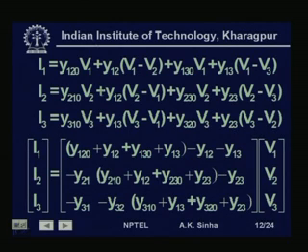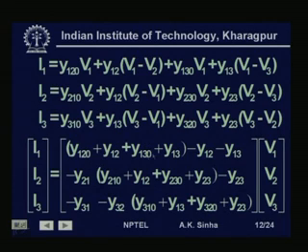So, these three equations, which are relating the current injections I1, I2, I3 into the network with the voltages at the three bus bars, that is V1, V2 and V3, can be arranged in a matrix form as I1, I2, I3 is equal to, here in this matrix we have Y120 plus Y12 plus Y130 plus Y13 into V1.